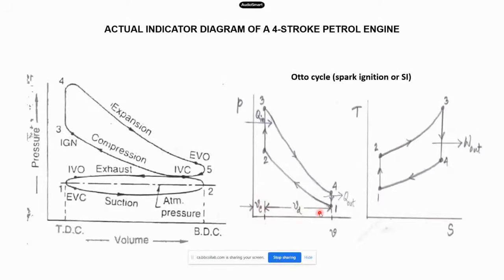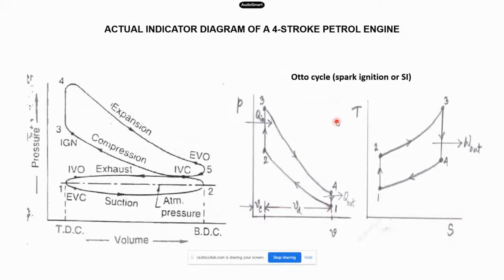So the length traveled by the piston is called the swept volume or the stroke volume. So the piston sweeps this volume from 1 up to this VC here, which is V1 over V2, where the pressure increases and the volume decreases. That is during compression. During expansion, the same happens, but in reverse. The pressure drops, but the volume increases.